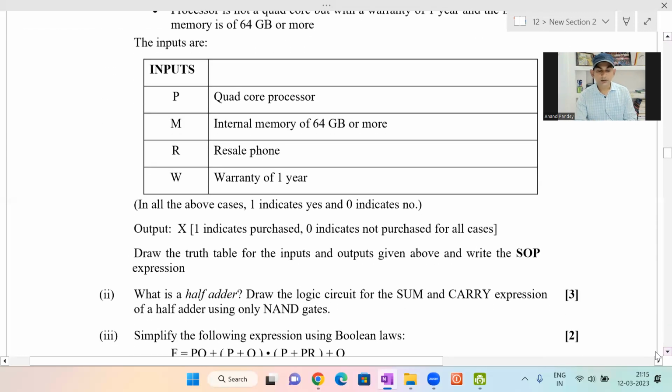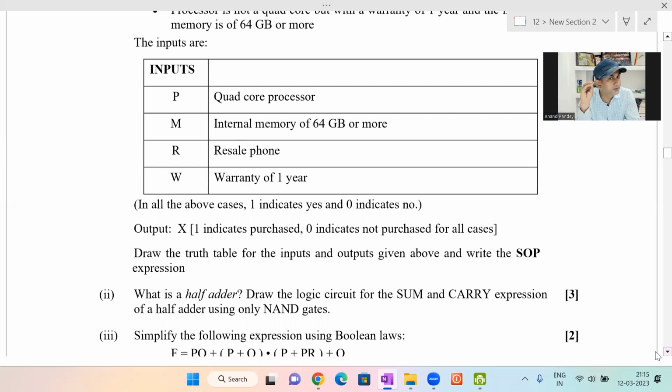Okay, then in this Boolean algebra topic, there are circuits. Some circuits are there, logic gates. I'm including everything in Boolean algebra, logic gates also. So for logic gate related applications, please prepare all the circuits. You know, there are half adder, full adder, encoders, decoders, and multiplexers. Please prepare all these circuits.